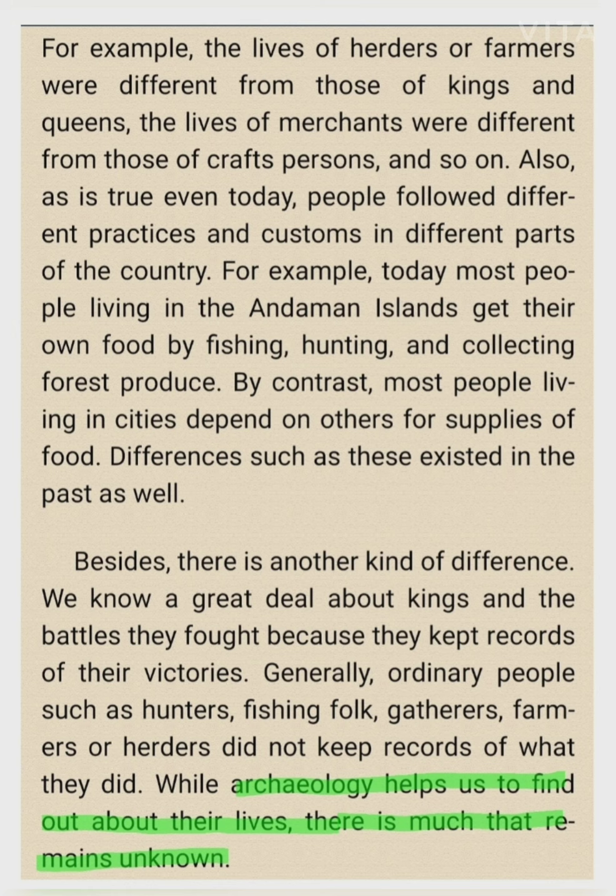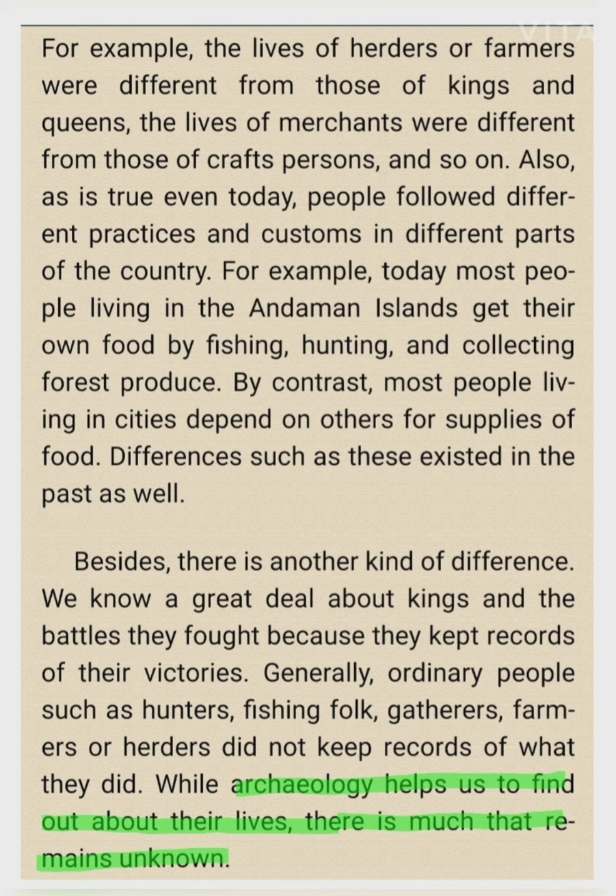For example, today most people living in the Andaman Islands get their own food by fishing, hunting, and collecting forest produce. By contrast, most people living in cities depend on others for supplies of food.